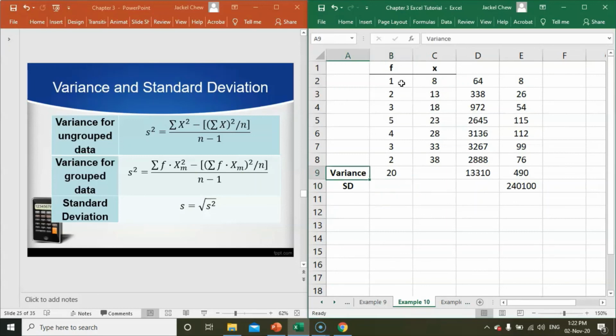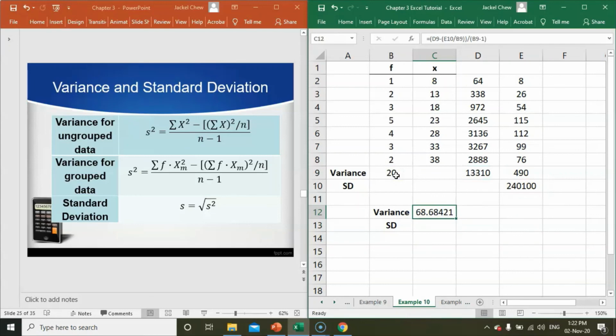So the variance will be this one minus this one over this one, divided by this one minus 1.